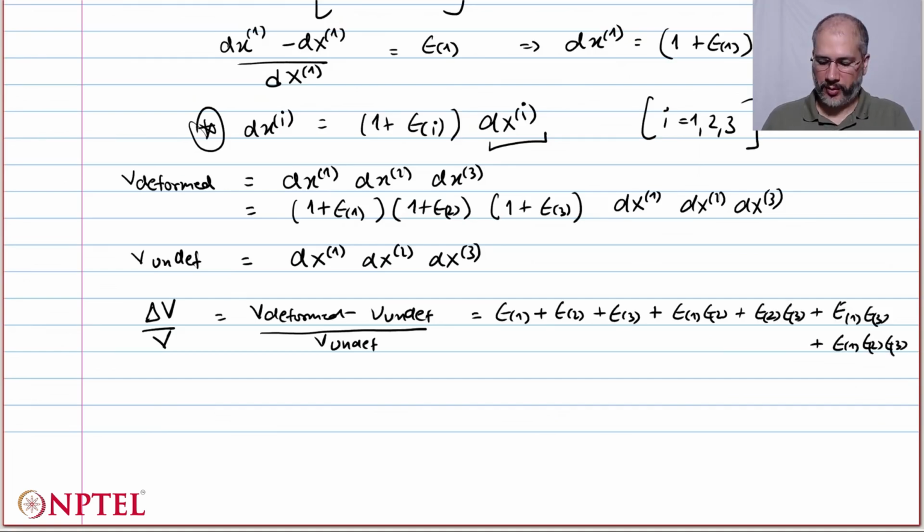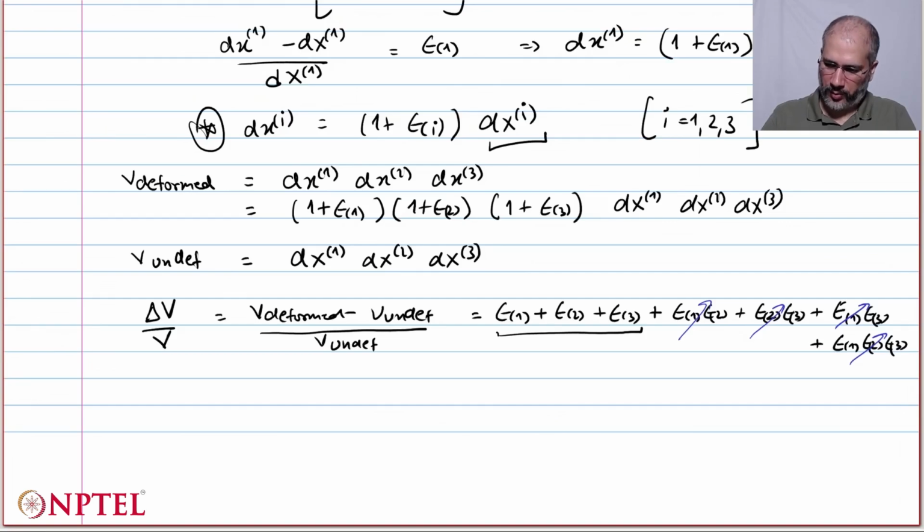And again remember that epsilons are small because epsilons were defined using the displacement gradient terms. So when we have a sum of these three epsilons, we can neglect all the products and the product of three epsilons because they are much smaller than the epsilons.